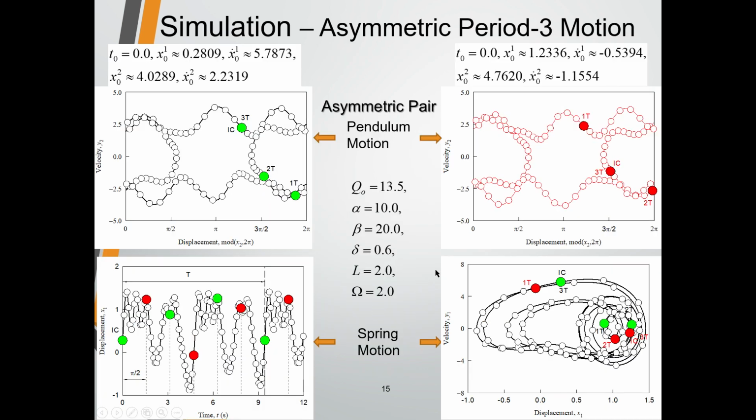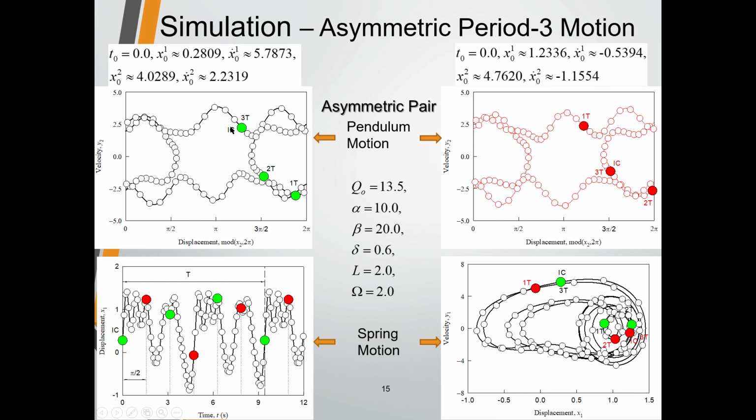And after a saddle node bifurcation of the symmetric period 3 motion, a pair of asymmetric period 3 motion will be introduced. Here we pick an example at Q0 equal to 13.5, and here what you see is a pair of asymmetric period 3 motion.